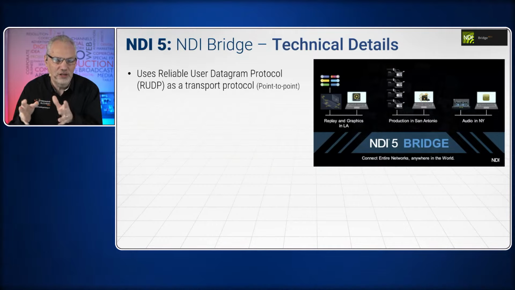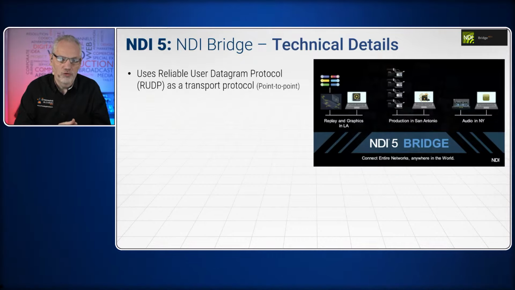So it's basically a way to transport packets reliably over an unreliable network, basically like the internet, where everything isn't local and you have different latencies, different paths, other things you have to worry about. So this is in many ways similar to SRT.